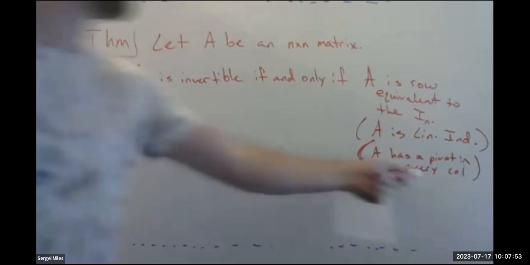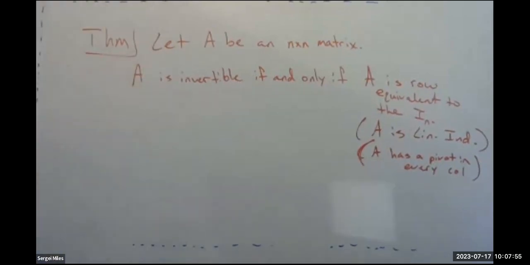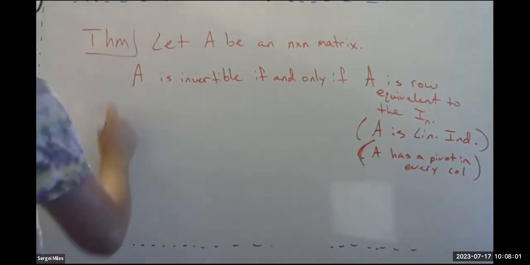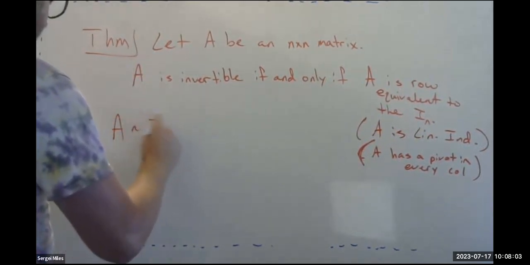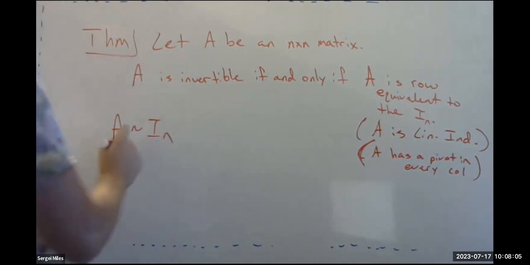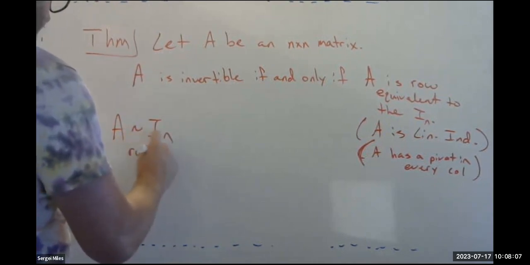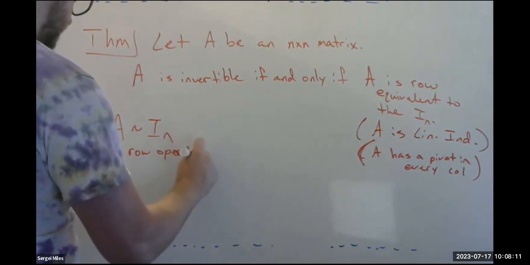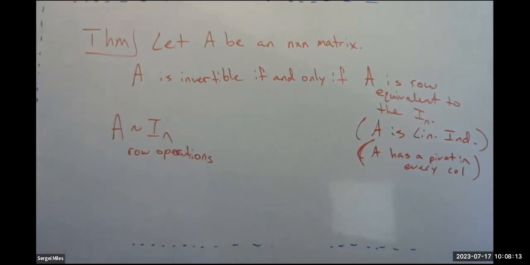why does the right side imply the left? If A is row equivalent to the identity, then that means there is a way to reduce A to the identity matrix. There are row operations, which means there are reverse row operations, right?